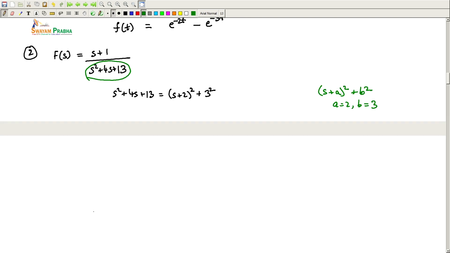Based on this, we can take this f of s and express it in this form. Now if you look, we have s plus a, because our a is equal to 2 in this part, and the numerator here is a constant, and ideally we would like it to be equal to b.